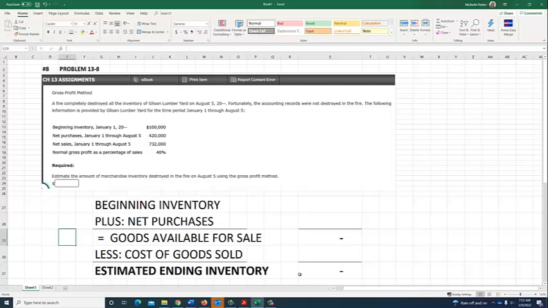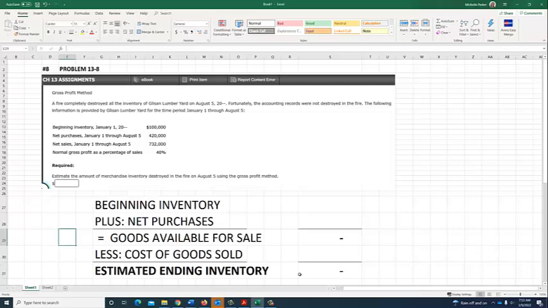So in this case, a fire completely destroyed all the inventory of Glisten lumber. So they are trying to figure out what their inventory was as of August 5th.